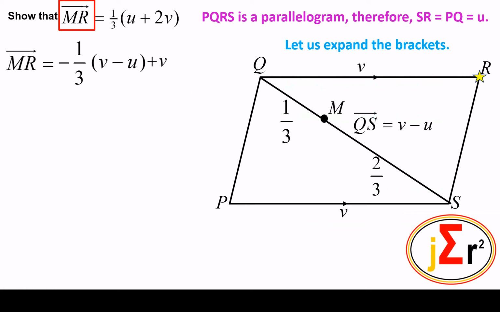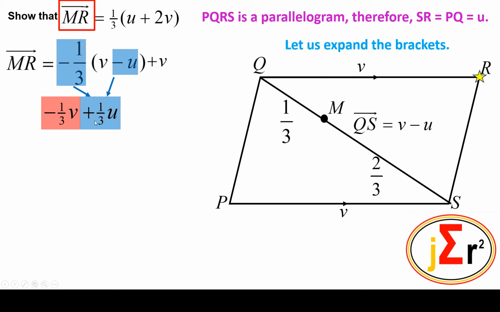We will now expand the brackets, but we cannot do so without considering the manipulation of directed numbers. Negative times positive will give negative. We therefore have a negative 1/3 V. Negative times negative is positive.